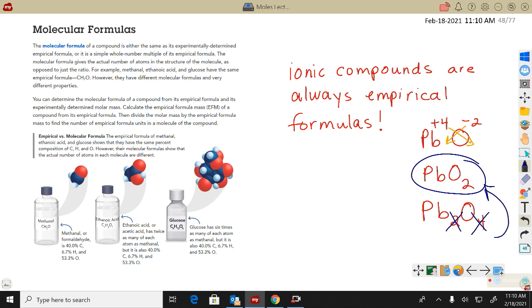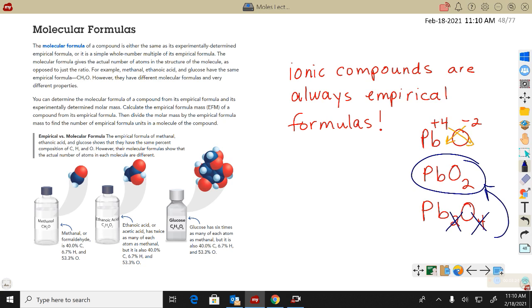But we can often string together carbons or hydrogens or nitrogens, all these nonmetals, and they can bond with single bonds, double bonds, triple bonds, and sometimes they just make really big molecules. Here we've got ethanoic acid, and its ratio is twice that of the original formula. Now we've got C2H4O2. That's just the real formula of the molecule. It's just a bigger molecule. Glucose is really similar. It's C6H12O6.